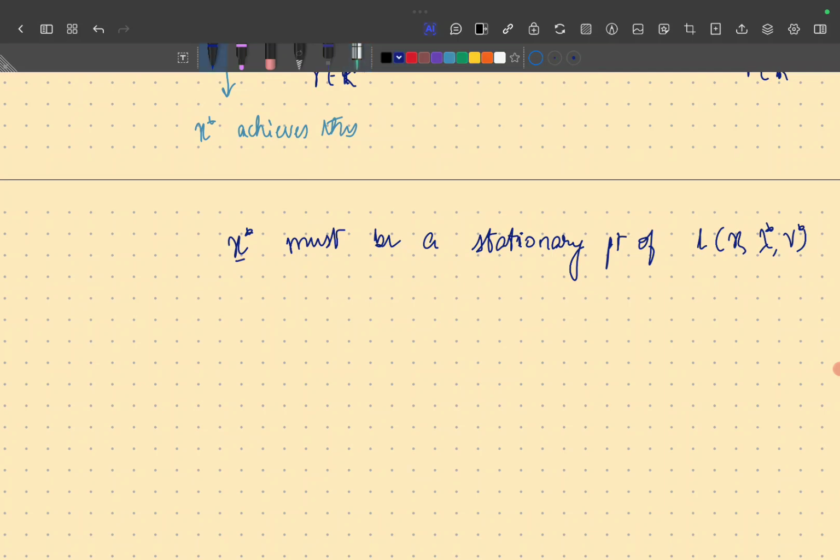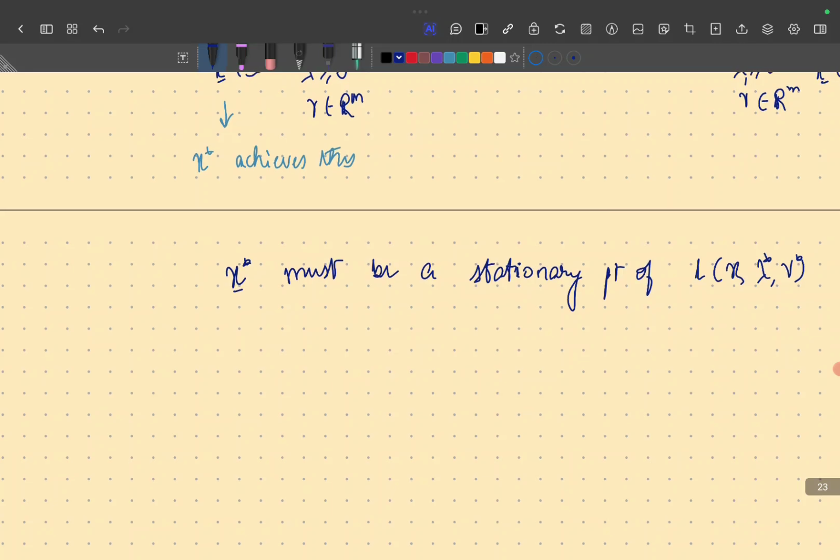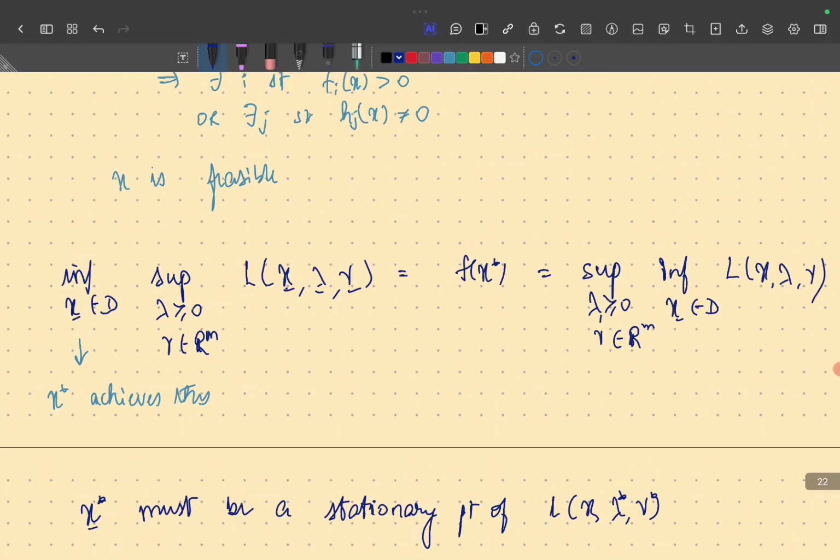Is it like you select a point in the feasible set arbitrarily and then you optimize lambda? I don't care about how I do it computationally. I just wanted to make two points over here.